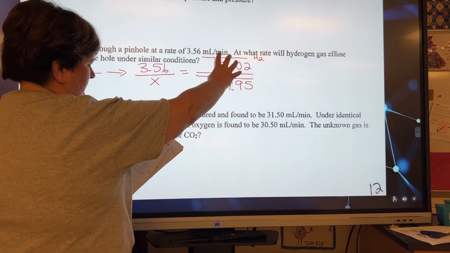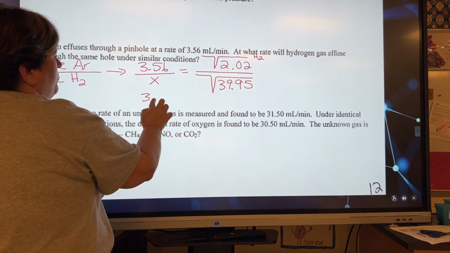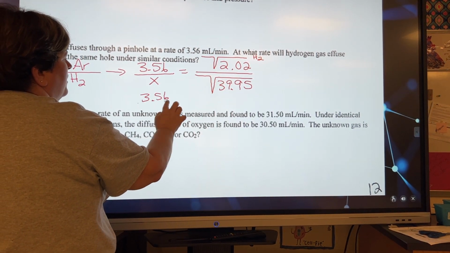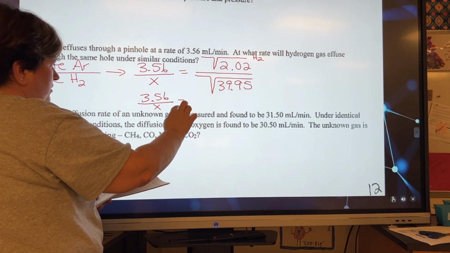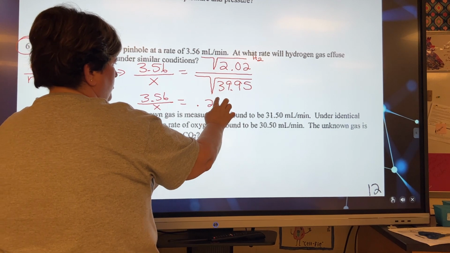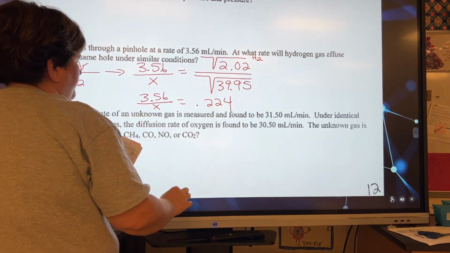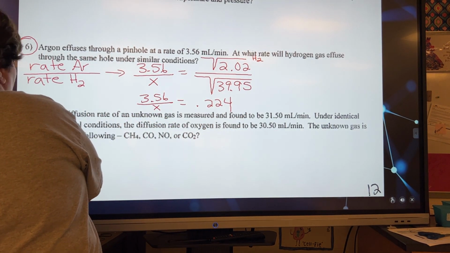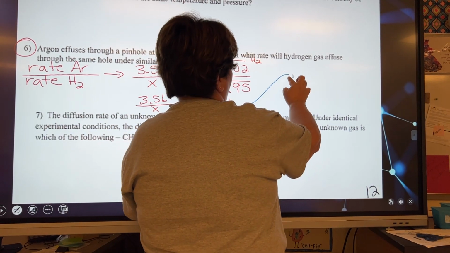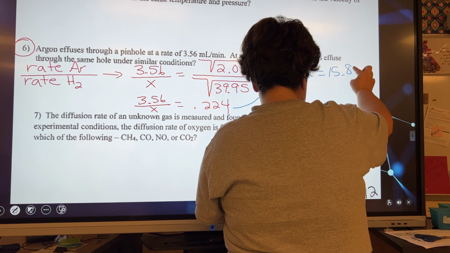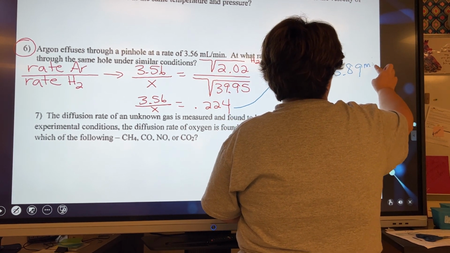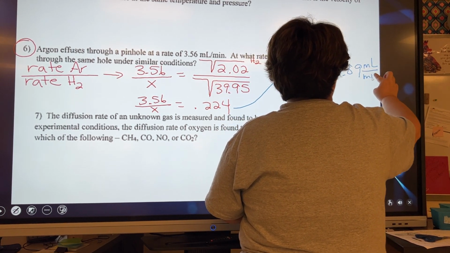So I can do the math here. I'm going to get 3.56 over x equals 0.224. And then I'm going to get x equals 15.89 milliliters per minute.